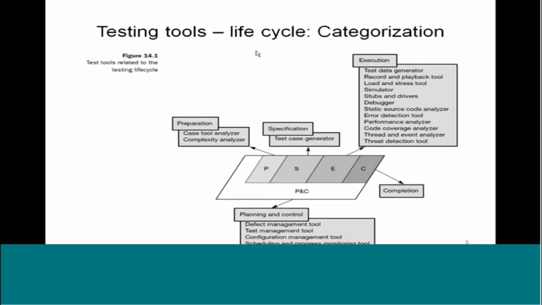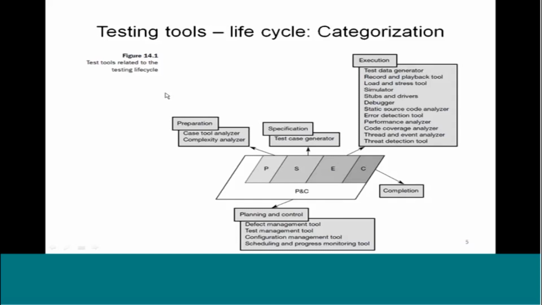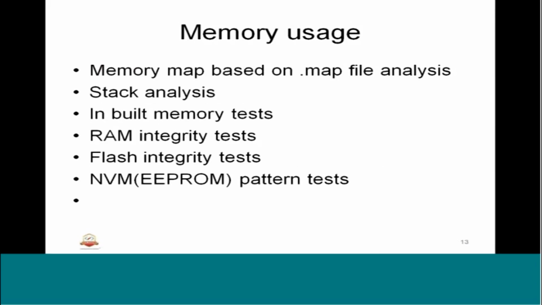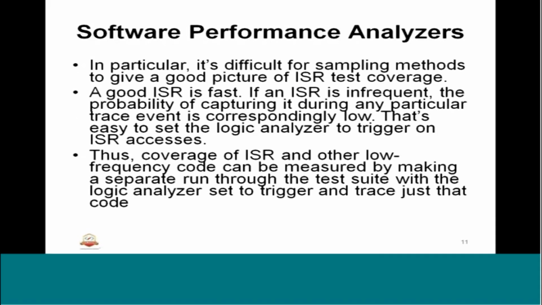So we'll try to understand in brief what this tools life cycle is. Basically, it covers the various tools, how they are getting used, how they are getting categorized, and what the use is. Quickly, we'll try to understand the type of tools that we need to have in embedded software testing.